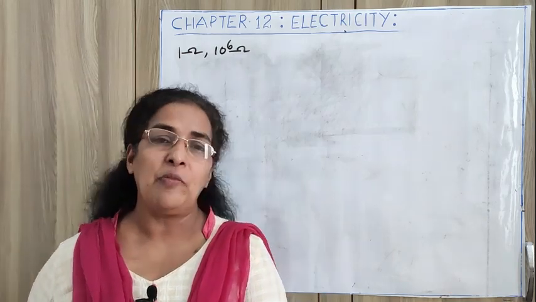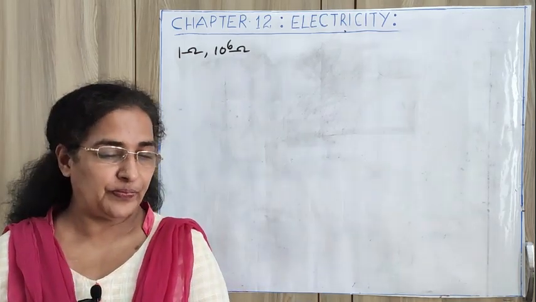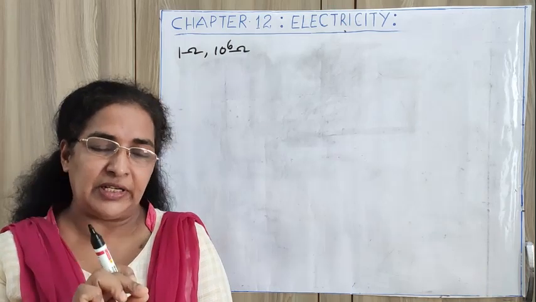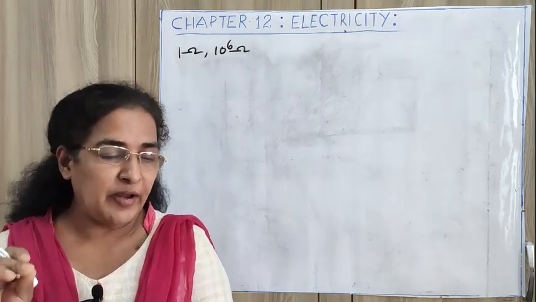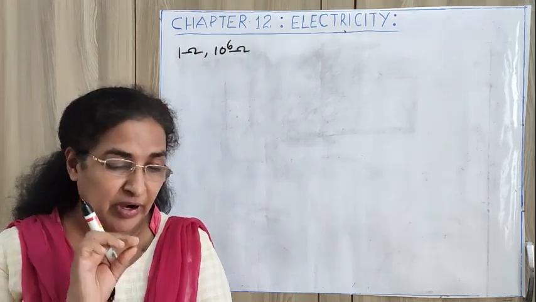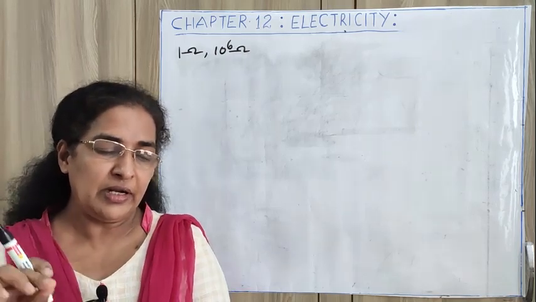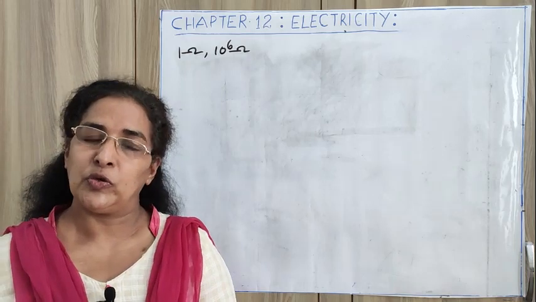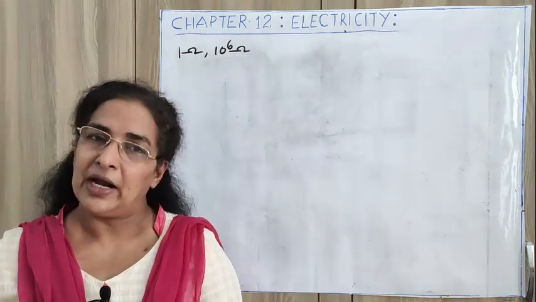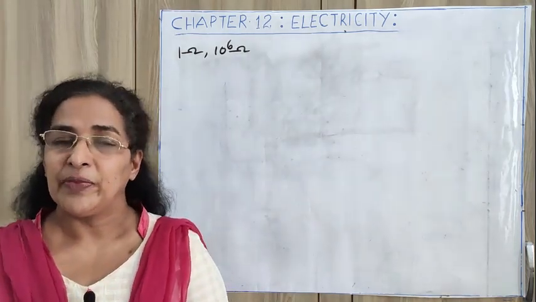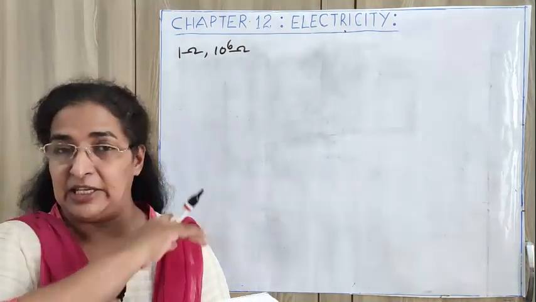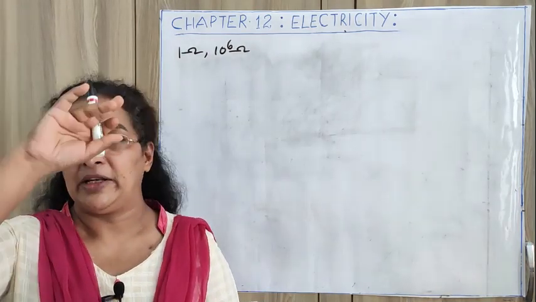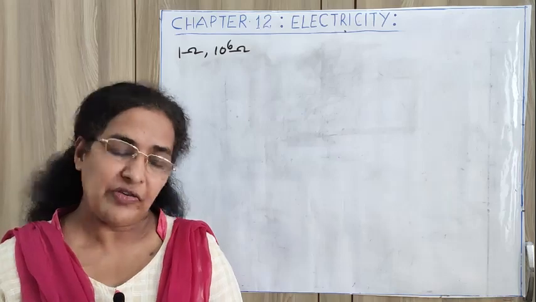An electric lamp of 100 ohm, a toaster of resistance 50 ohm and a water filter of resistance 500 ohm are connected parallel to a 220 volt source. So always these connections are done to a source of energy, either connected in series to a source of energy or connected in parallel to a source of energy.